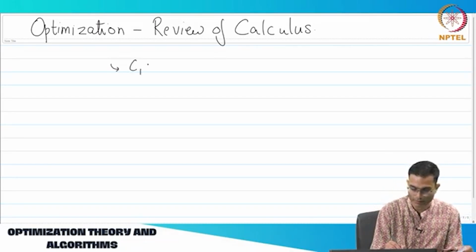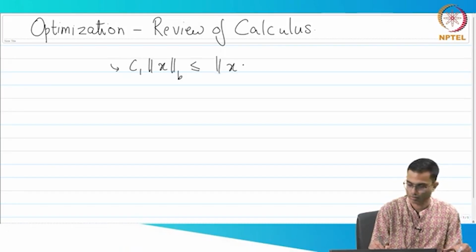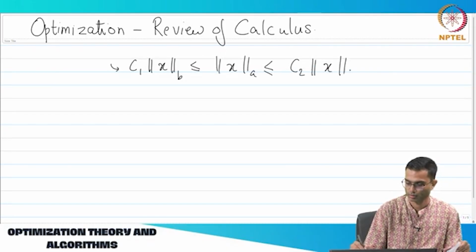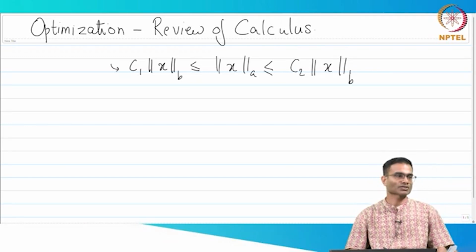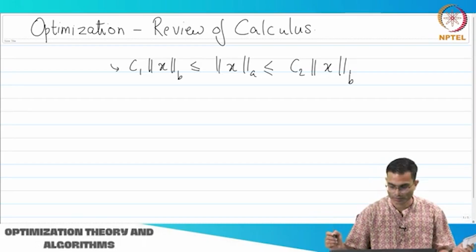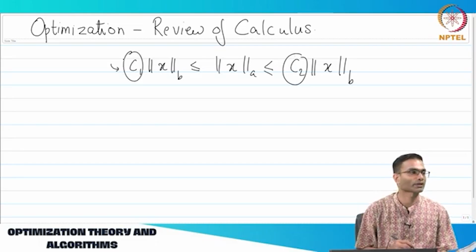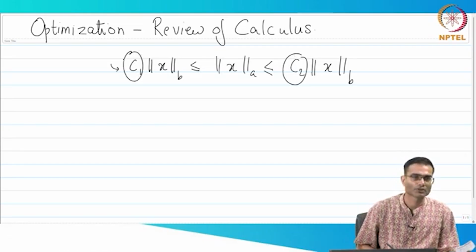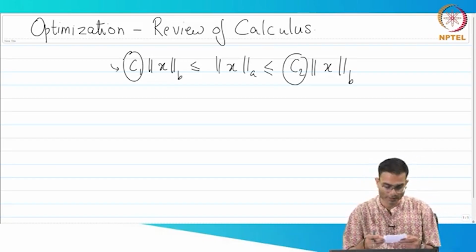There is an inequality over here. This is saying that once I get something for norm A, there is a bound with respect to the norm in terms of B, with some constants C1, C2 that can be worked out. So if you get a result for one norm, you can translate it for another norm. Well, not easily, but okay.